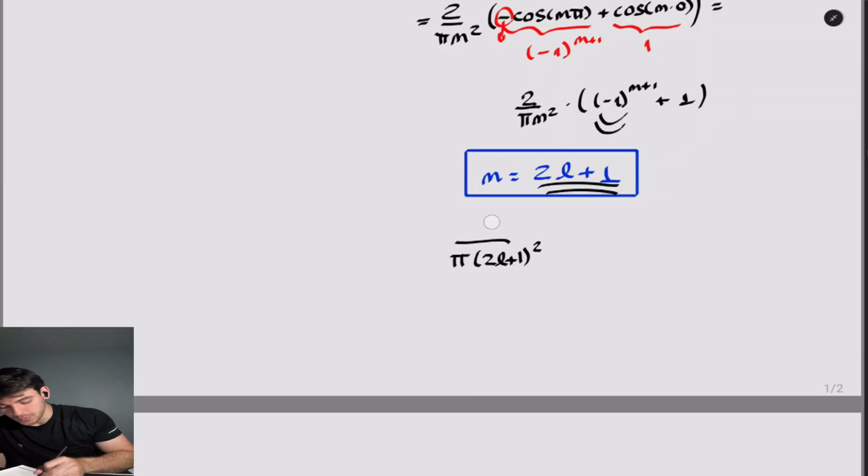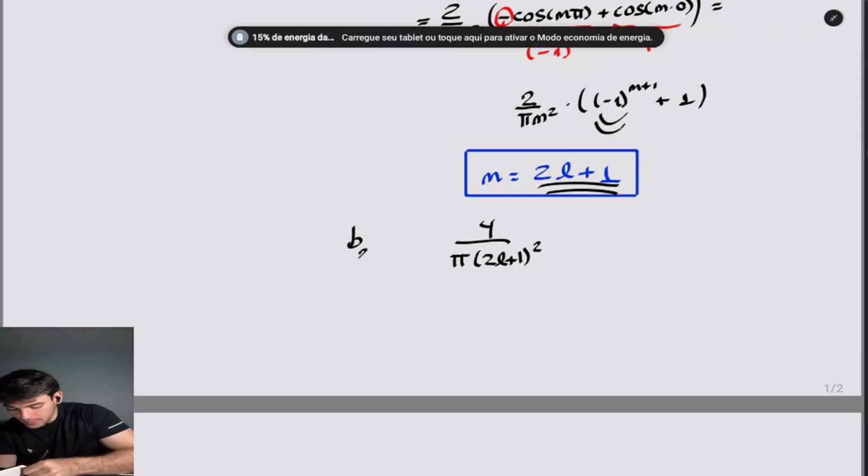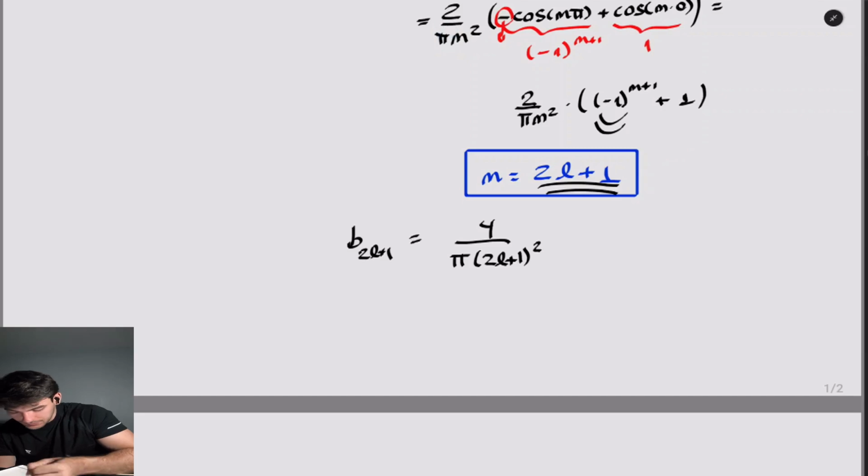So you just erase these 2 and put 4. So when n is odd, that's our Bn, or that's our B2L plus 1. Okay, so that's the final answer.